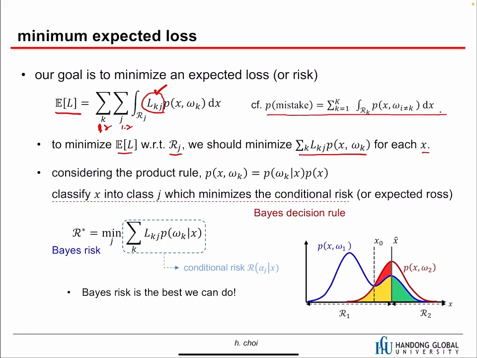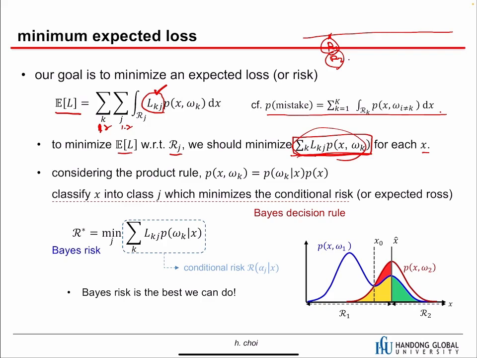So for each x, we have the input space, and for each x, is it R1 or R2? So we have to decide. Then we just calculate this one. If it is R1, then what is the value of this one? And if x belongs to R2, then what is the value of this one? So depending on these values, x will be classified into 1 or 2.